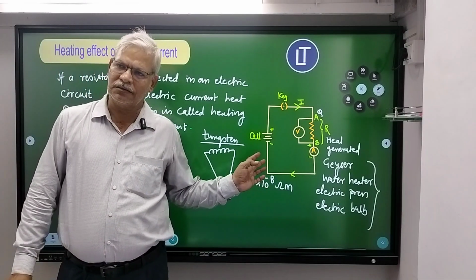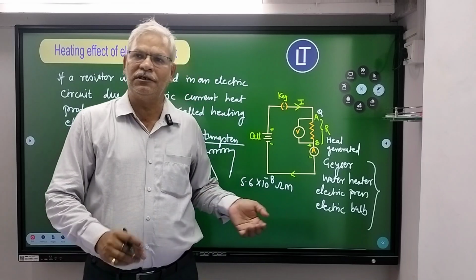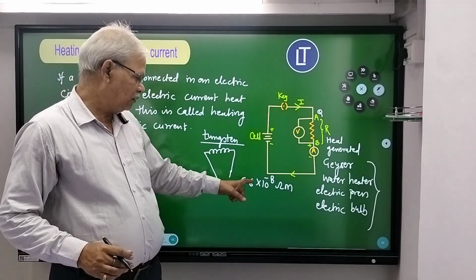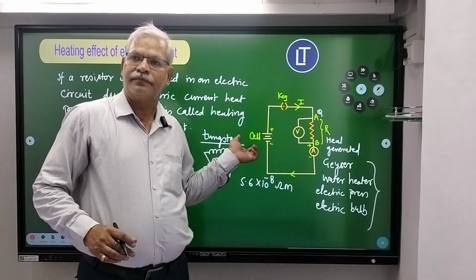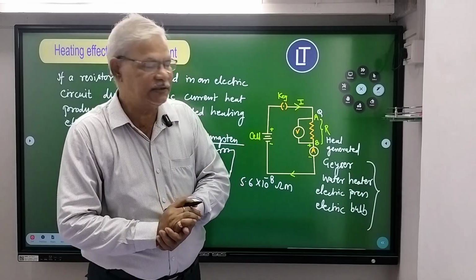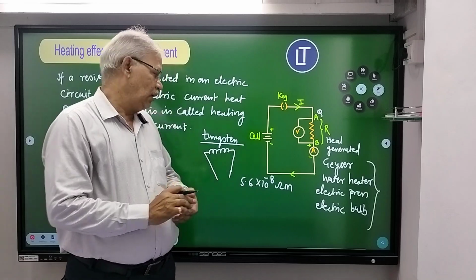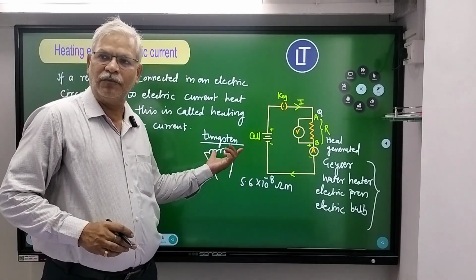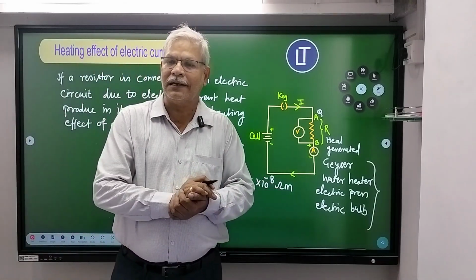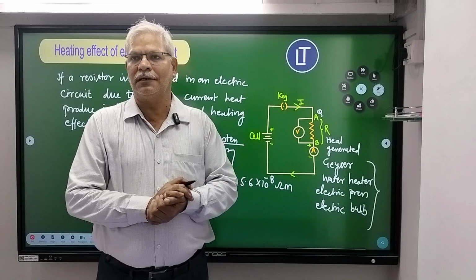Similarly, other elements like molybdenum, its resistivity is 4.9. Now see, its resistivity is high, so it offers more and more resistance to the flow of current. As it offers more resistance, it gets heated and we get that heat in the form of light energy.